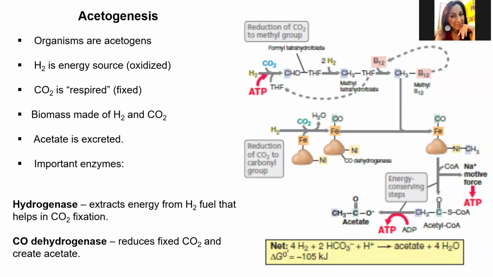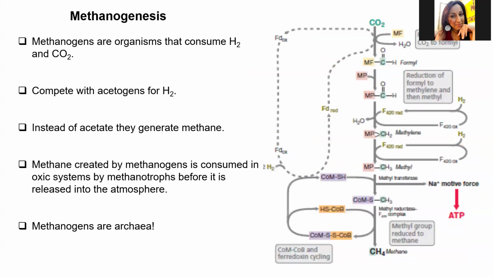And carbon monoxide, or CO, dehydrogenase is going to use that fixed carbon dioxide and reduce it. And when you reduce carbon dioxide, you get formation of acetate. That's why they're called acetogens. Again, please don't memorize the formula of how much energy is excreted. Just memorize hydrogenase and carbon monoxide dehydrogenase.